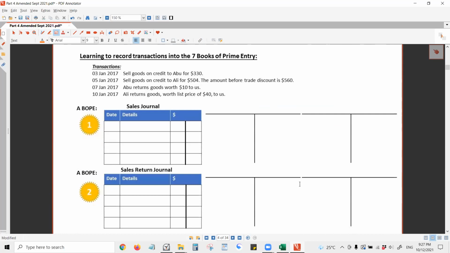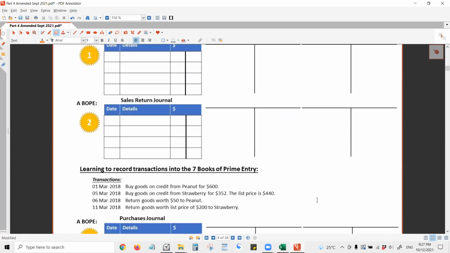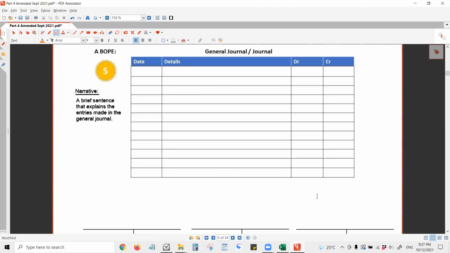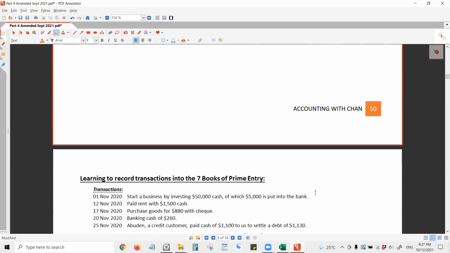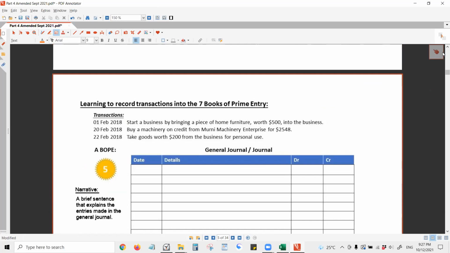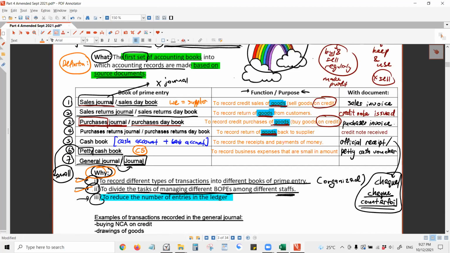As you can see on the next page, we will see sales journal, sales return journal, purchase journal, purchase return journal, sample of general journal, or you call it journal, sample of cash book. We will go through all this one by one, also do the related questions together. For now, just try to remember the names and their functions.